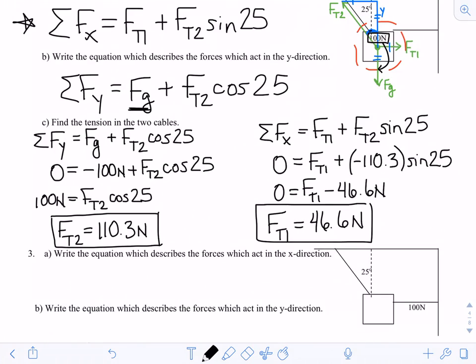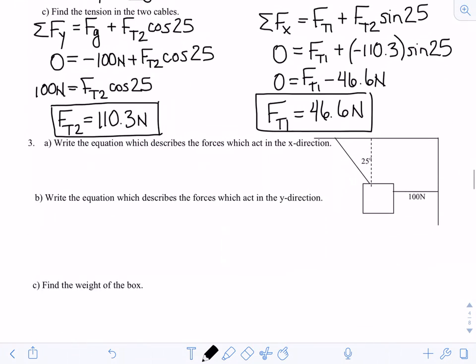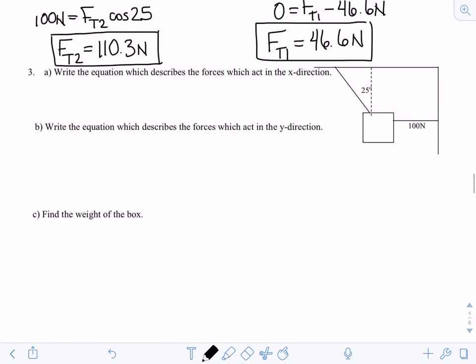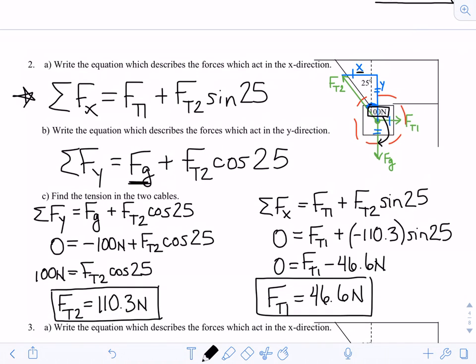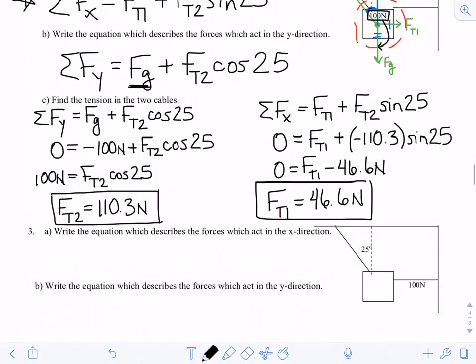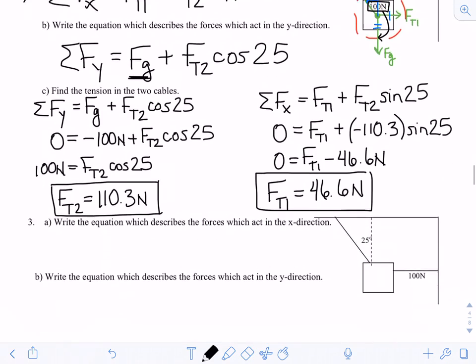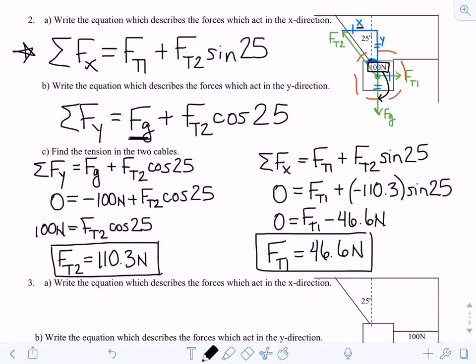Okay. Let's try another example problem so that we can get more practice doing this. Now, if you notice, this next example problem is the exact same situation as the previous example problem. We still have two ropes, we still have a mass, one rope is pulling to the right, and one rope is pulling at 25 degrees left of vertical.